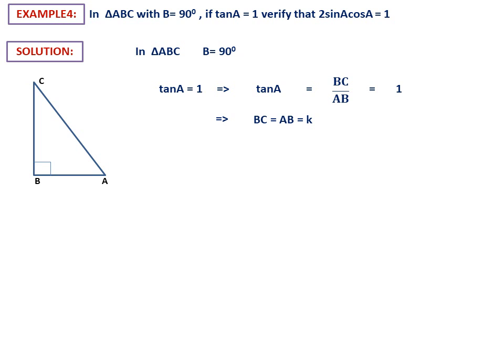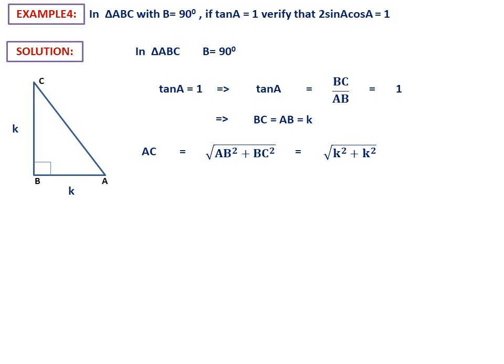This implies BC must be equal to AB, because BC by AB equal to 1 means BC must be equal to AB. Let us take it as K, because both are equal. Therefore, both sides BC and AB are K and K. And it is a right angle triangle. Therefore, we have to calculate the hypotenuse AC. You know that AC equal to the square root of AB square plus BC square, Pythagoras theorem.